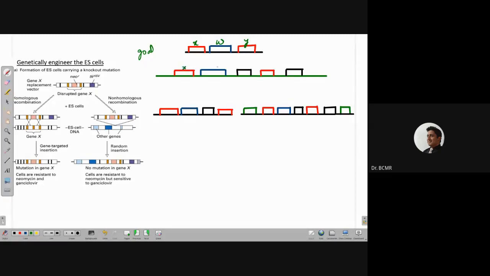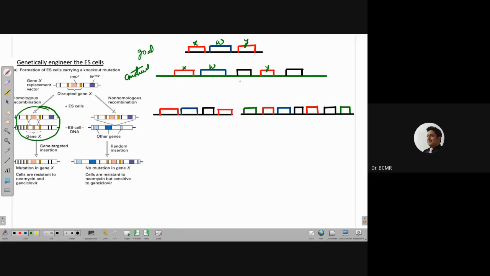So we made a gene construct. The construct is something like this: X, then we had Y, because we want homologous recombination to happen between X of the genome, as indicated here. And so this is W, and we need to have positive selection, because we should be able to select the cells that are transfected, the recombinants.